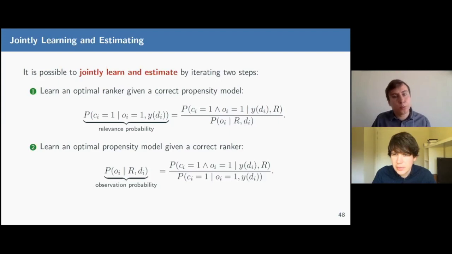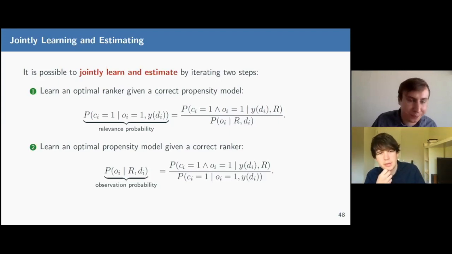So if you already know the relevance probabilities, the problem of learning to rank is pretty much solved. If you have a good model of that, then you're already done, so this approach doesn't help. So you don't necessarily need to have a good idea of this relevance probability if you have a good ranker. I believe the paper does something about this, but I'm not entirely sure, honestly. All right. Yeah.